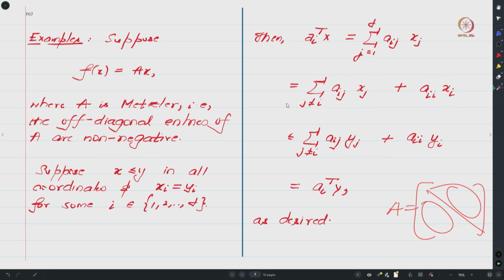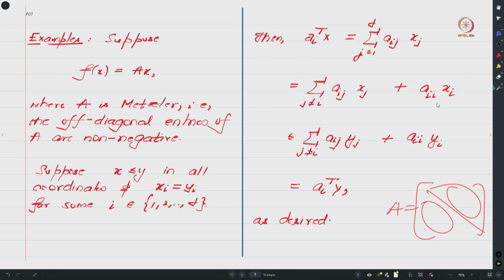Hence I can show that this sum is less than or equal to this sum, where I have replaced xj with yj, and separately I also know that for the diagonal entry xi equals yi. This is something that we have been told over here.